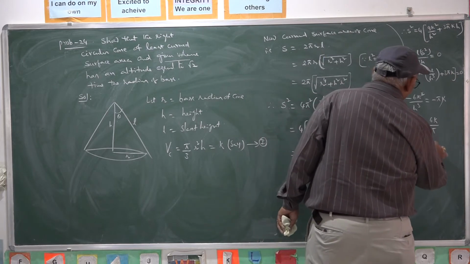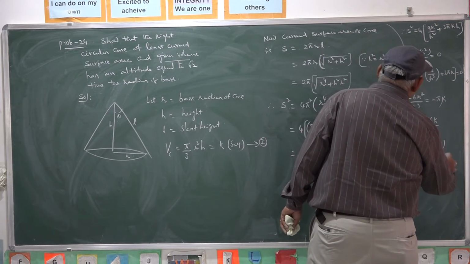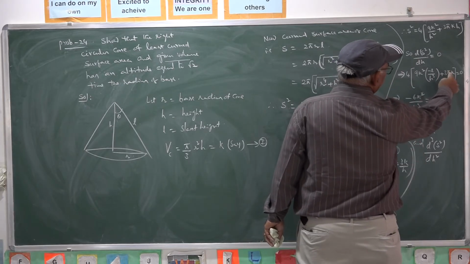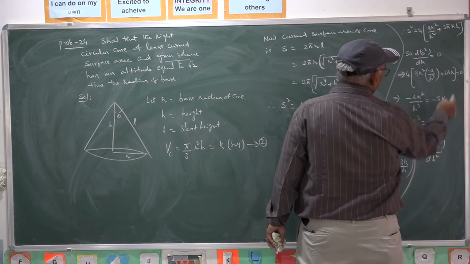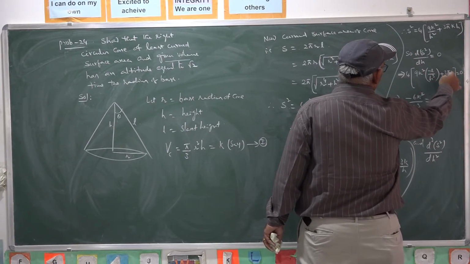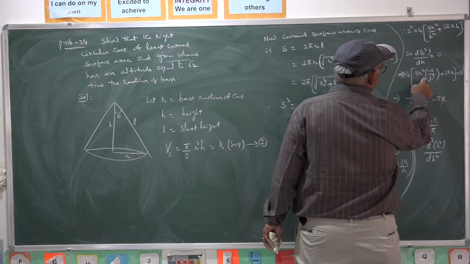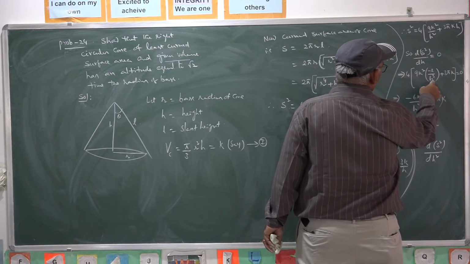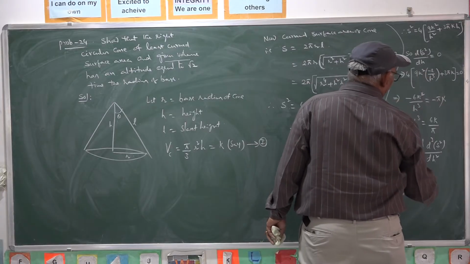Coming to the second derivative of s square with respect to h, the constant's derivative with respect to h is 0. Taking the derivative of the remaining term, clearly we get 6 by h power 4, completely positive.